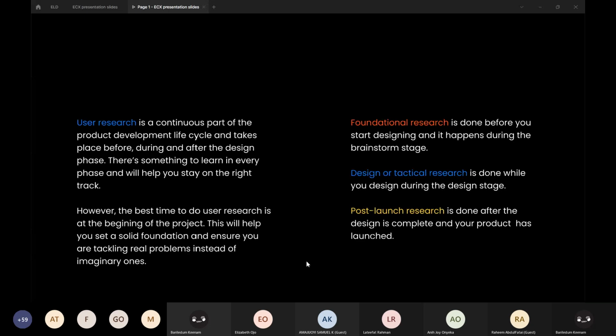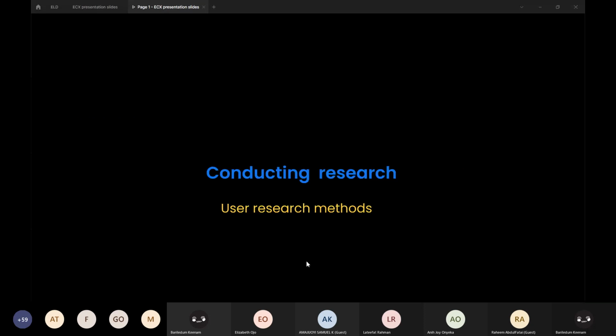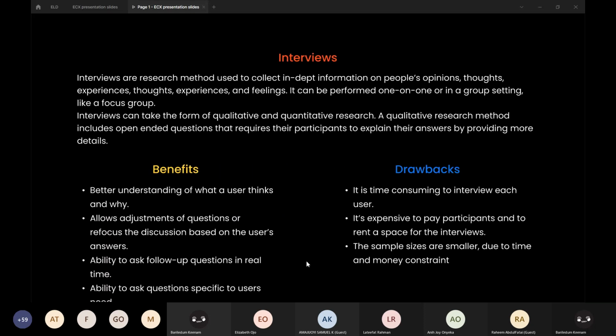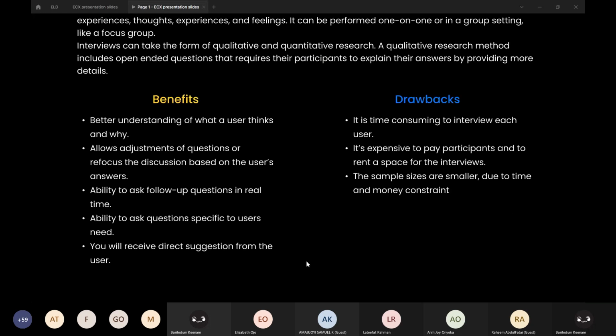Next slide, please. So conducting user research, we have various methods of conducting user research. We have surveys, interviews, usability testing, A/B testing, and the like. So what does interview mean?